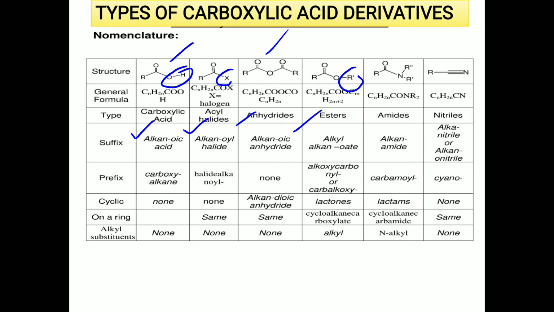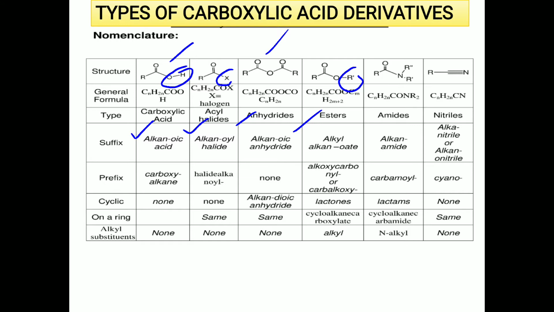The general formula for esters will become CnH2nCOOCmH2m+2, and the basic structure will be RCOOR'. The suffix we use for esters is alkyl alkanoate, and there are mainly two prefixes, alkoxycarbonyl or carbonylalkoxy. We can use any one of them.